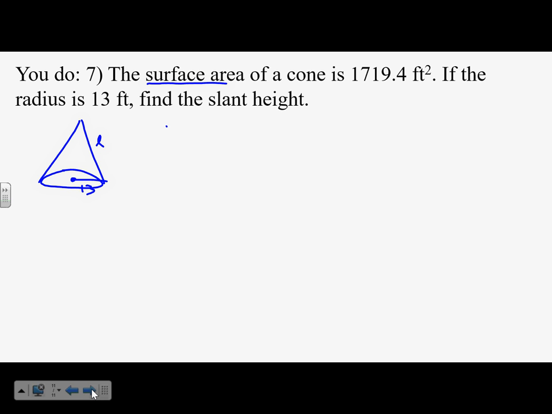So remember, the surface area for a cone is pi r squared plus pi r times the slant height. So we have pi times 13 squared plus pi times 13 times L. We don't know what that L is.